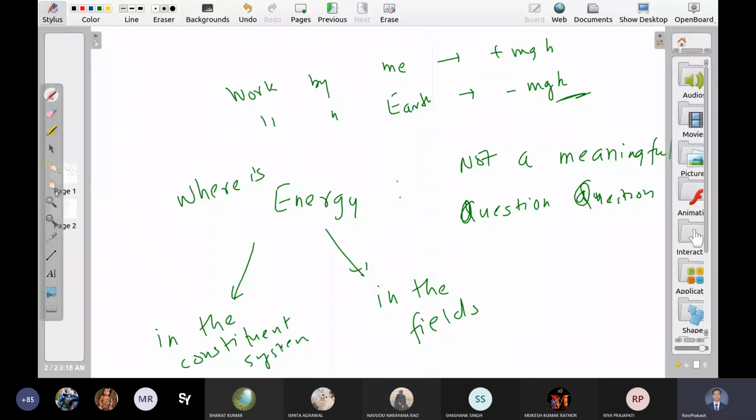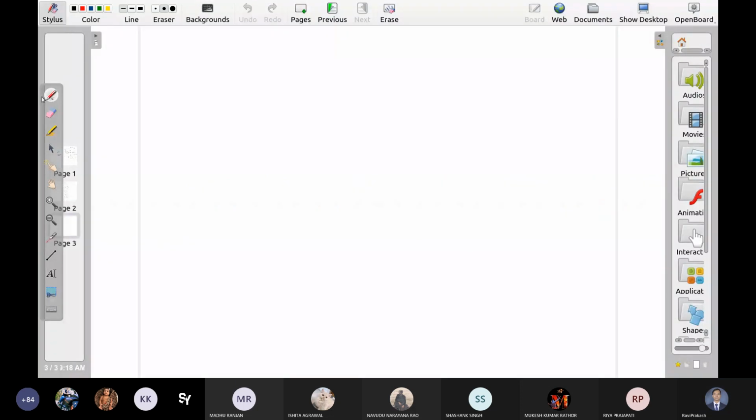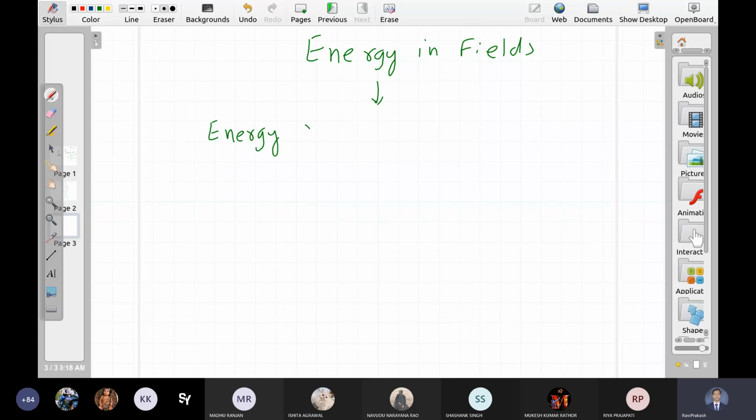So what do you mean by energy in fields now? It looked like a very complicated phrase, but the meaning is simple. Energy required to make a field.